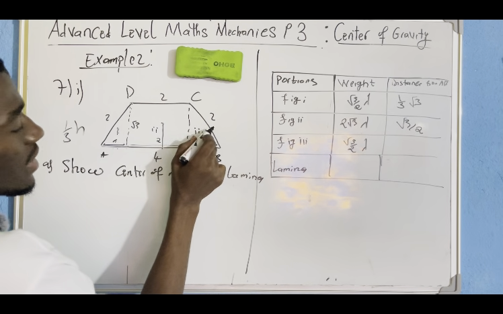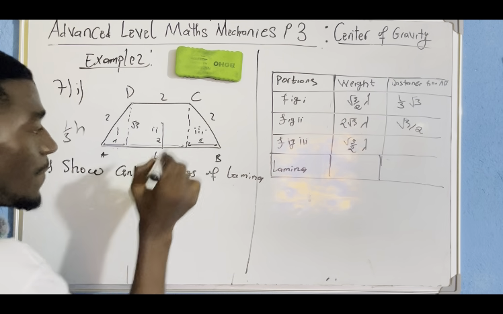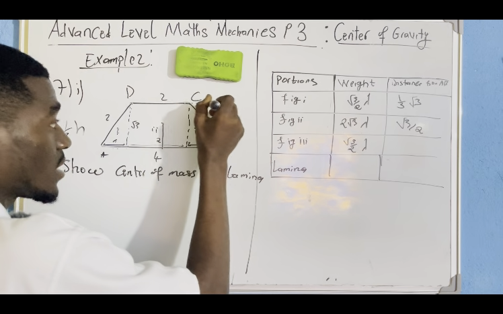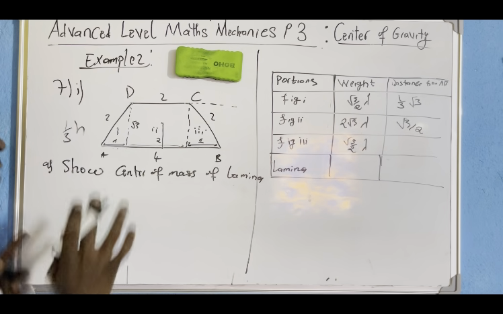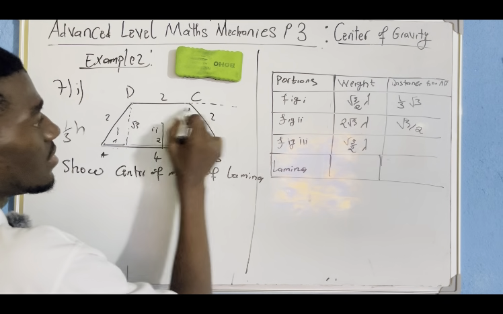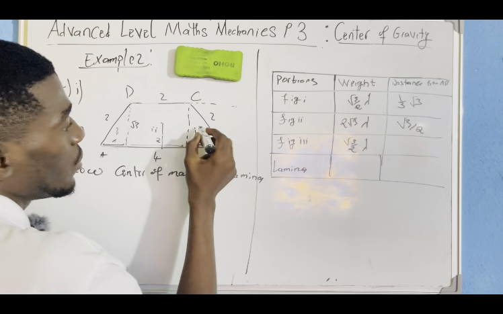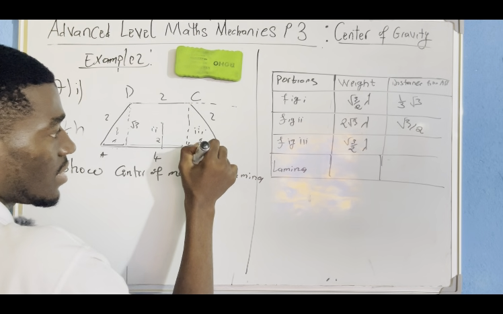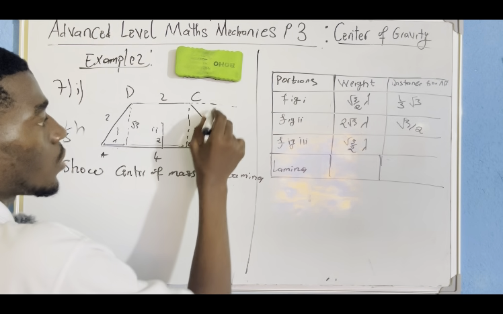And then for figure 3, the distance from the center to the base, always center to base, is 1/3 the height. If they were asking for the distance from the center to side DC, DC is from here up to here, that is from the center to the top. It's not the base again. Center to top, that one will be 2/3.